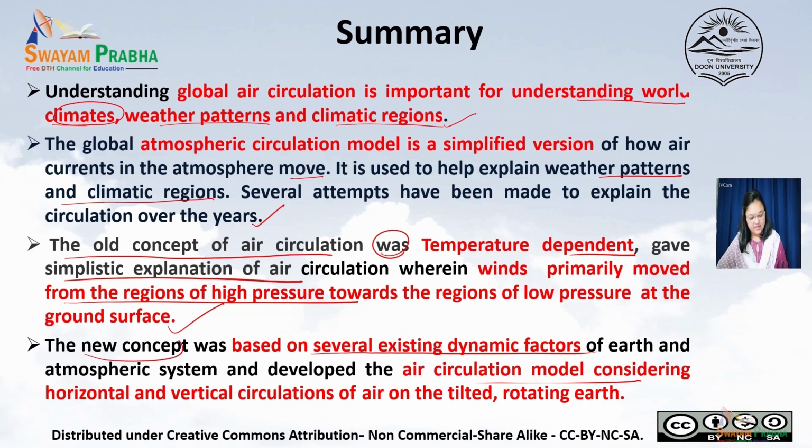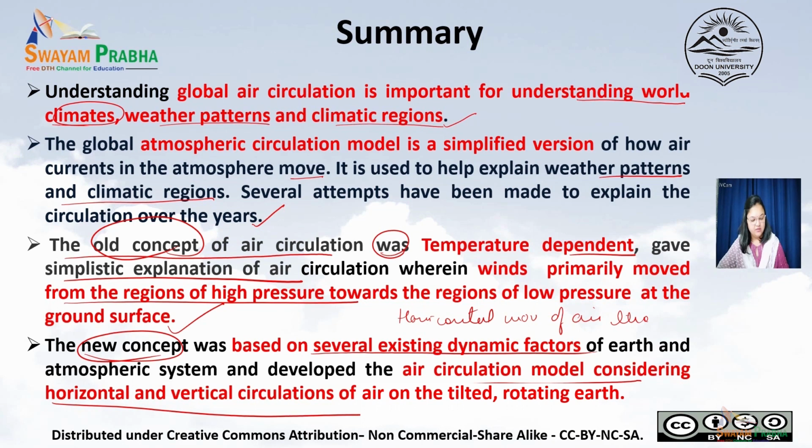The new concept talks about the horizontal as well as vertical circulation of air on the rotating Earth. So unlike the old concept, which primarily talks about the horizontal movement of air at the ground surface, modern models talk about the horizontal as well as the vertical circulation of air at the ground surface as well as at the upper atmospheric level.